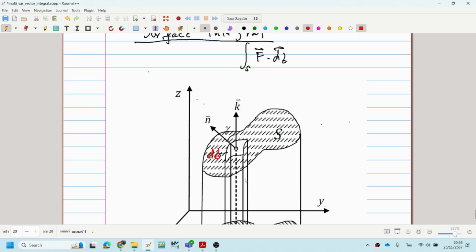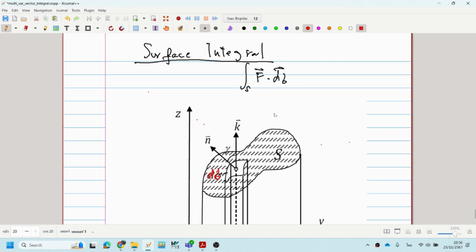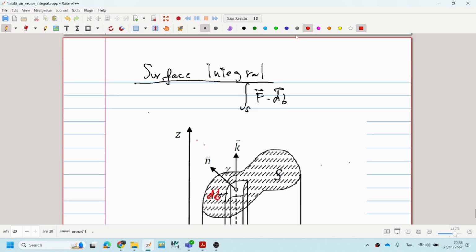If you need to figure out F dot d sigma, you need the surface integral: the vector field dot d sigma. Compare with the line integral, which uses the F vector dot dr. That is called a line integral. You have learned it, I taught you before.